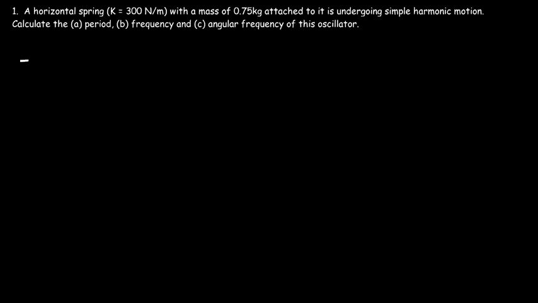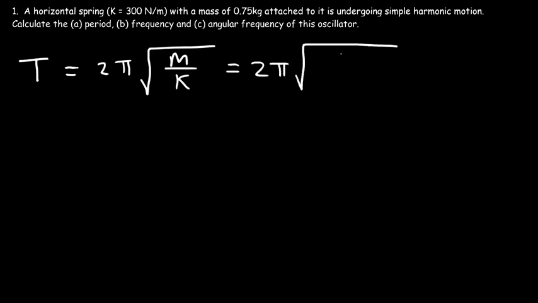The formula that we need to calculate the period is this equation. It's equal to 2 pi times the square root of the mass divided by the spring constant, which we have all of that in this problem. So the mass is 0.75 kilograms, and the spring constant is 300 newtons per meter.